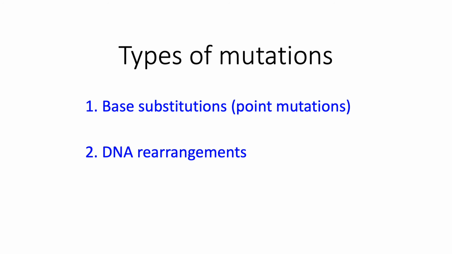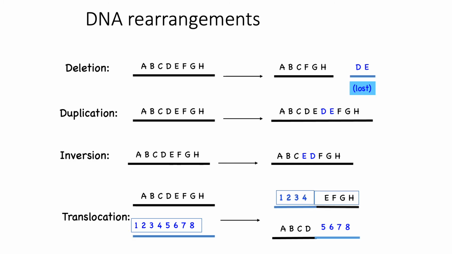Okay, again, there are 2 types of mutations: base substitutions, or what we call point mutations, and DNA rearrangements. And you can have many different types of DNA rearrangements. Some of them are shown here: deletions, where simply part of the chromosome is missing.